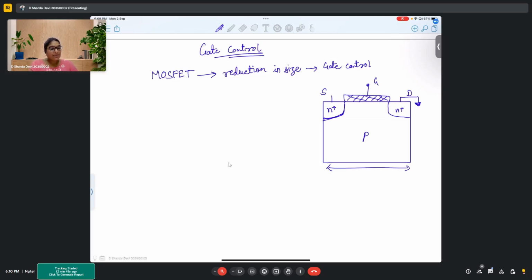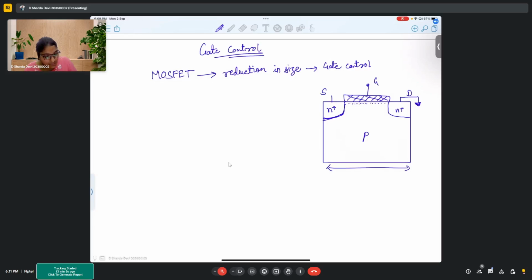As I mentioned, gate control is very important. So today we'll be talking about what gate control basically is. Gate control means that we have charge.